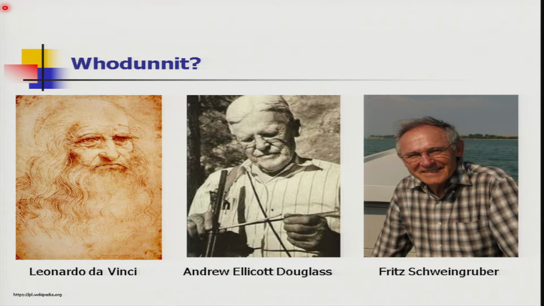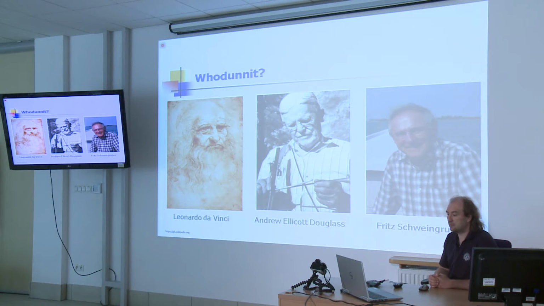And the warmer conditions, probably the better conditions for trees to live, to grow. And he started to drill trees to obtain increment cores and compare the number of sunspots with the width of tree rings.